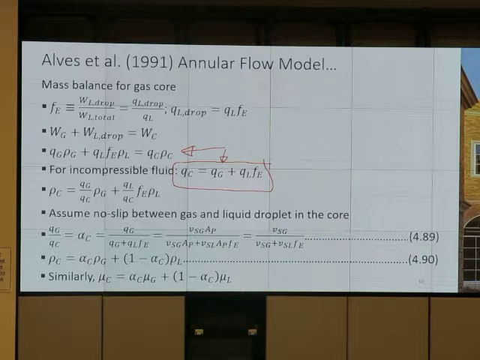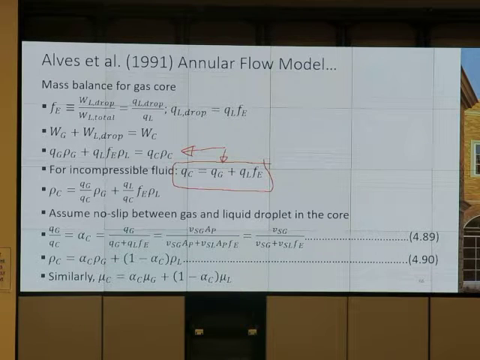So this means it essentially feels incompressible. It doesn't have enough time to shrink or expand or compress. If you have a confined volume, you add liquid in, gas has more pressure, right? That kind of thing doesn't happen. It's going to expand and flow in the actual flow case.